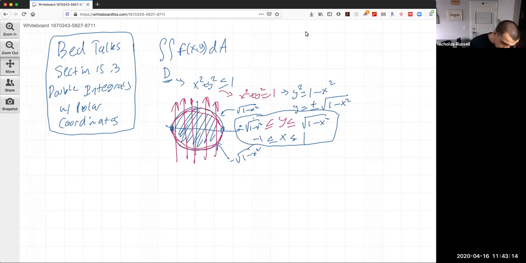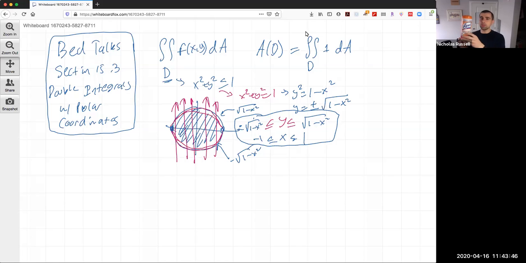Now, I want to just reference something. The area of any region, if I want to find the area of a region D, is just equal to the double integral of 1 dA. 1 is in that, because f of x, y here could be thought of as the height. And what's interesting here is thinking about why this makes sense. I know it sounds silly, but imagine if I had this great Lysol can here, and I wanted to find the volume of this.